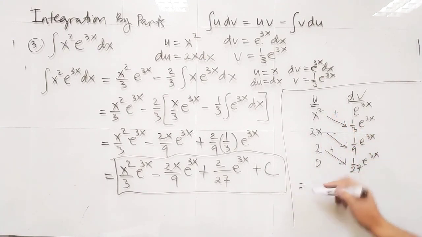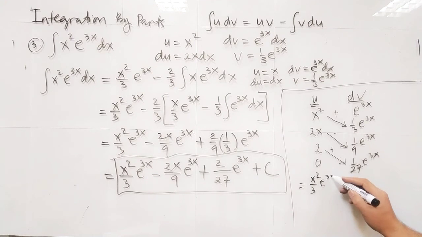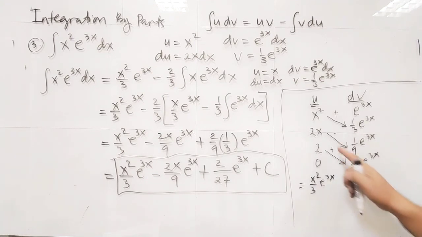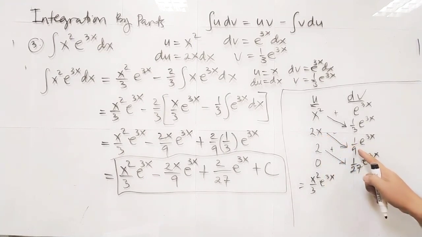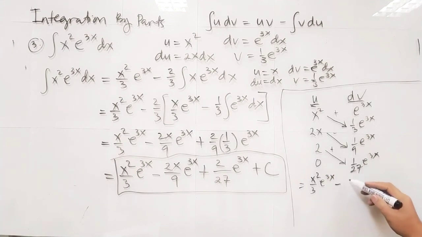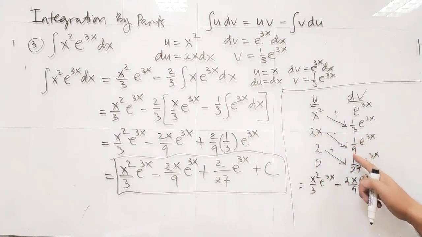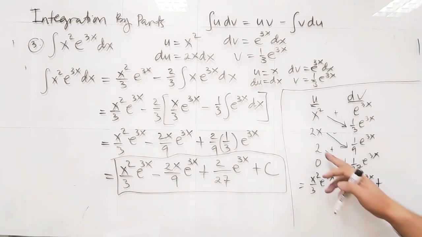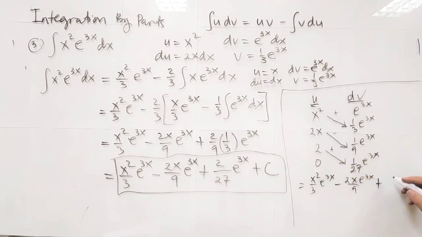If we combine x squared times this one, that becomes x squared over 3 e to the 3x, plus this one times negative 1 over 9, that is negative 2x e to the 3x over 9. We just multiply 2 times this, and this is negative, plus 2 times 1 over 27, that becomes 2 over 27 e to the 3x, of course, plus c.